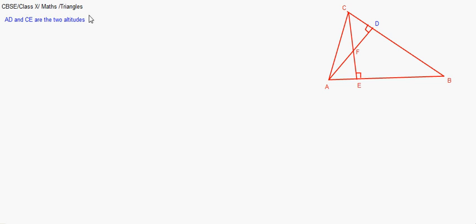They are the two altitudes of triangle ABC. Prove that.